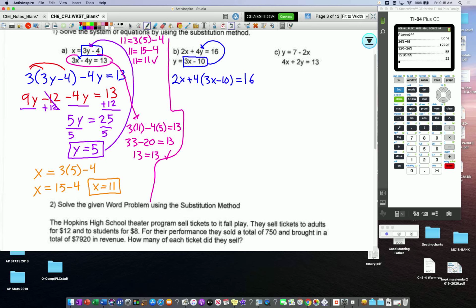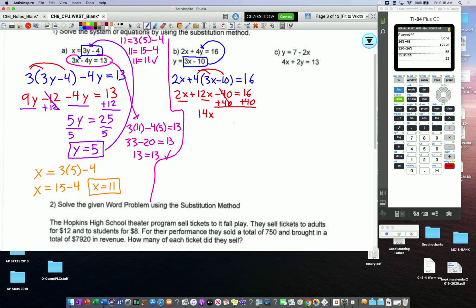So do just like I did in the previous one, distribute. So I have 2x plus 12x minus 40 equals 16. So I'm going to combine my like terms. So I get 14x. I'm going to add 40 to both sides.